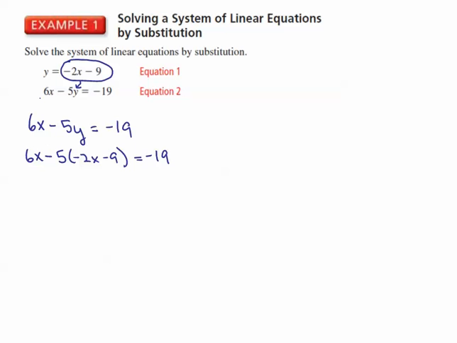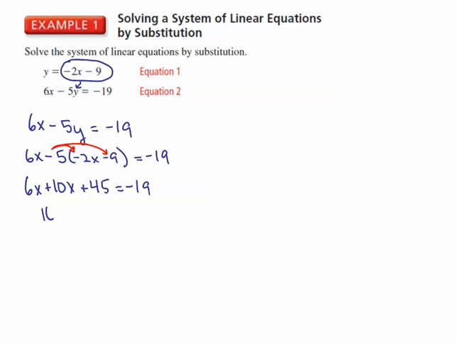Now I'm going to distribute the same way that we have distributed many times since the beginning of the year, and we get 6x. Negative 5 times negative 2x is positive 10x. Negative 5 times negative 9 is positive 45, and that equals negative 19.